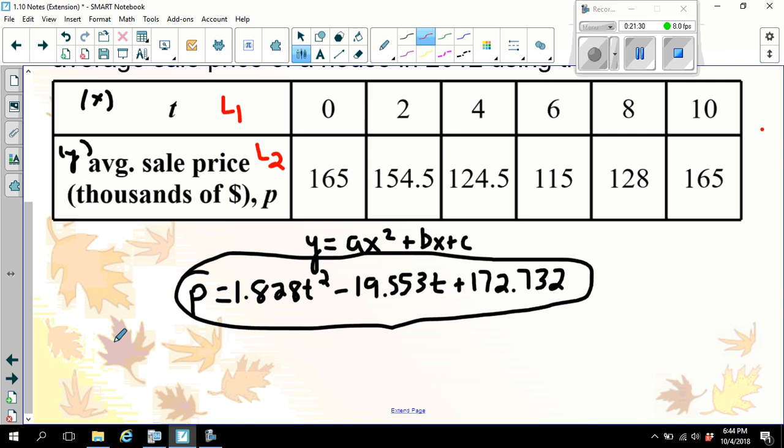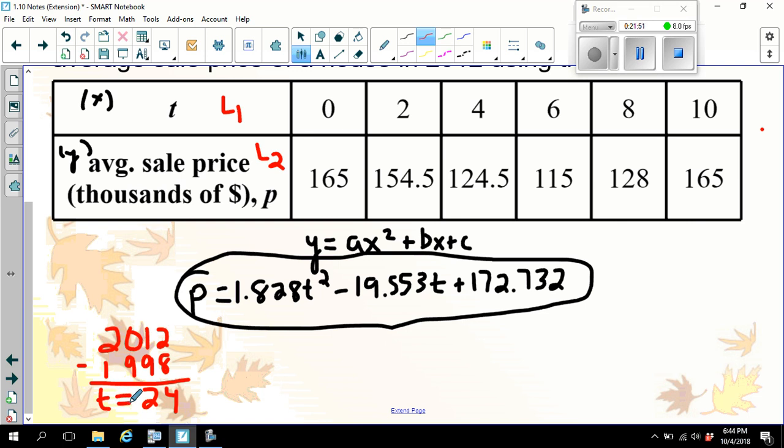So we have 2012 minus 1988. And you can use your calculator if you want to calculate this. When we do, we should get 24 years. Okay? And that's going to be our T value.